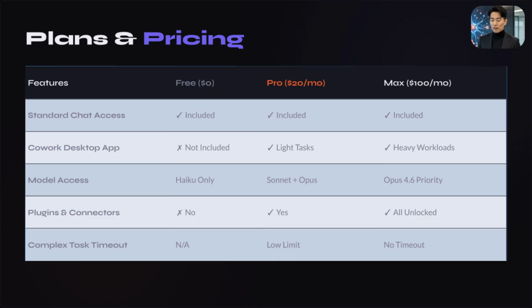If you plan on running complex, daily autonomous workflows, the Max plan at $100 a month is highly recommended, as it removes those frustrating bottlenecks. For larger organizations, the Team and Enterprise plans provide administrative controls, shared plugin marketplaces, and critical security audits.